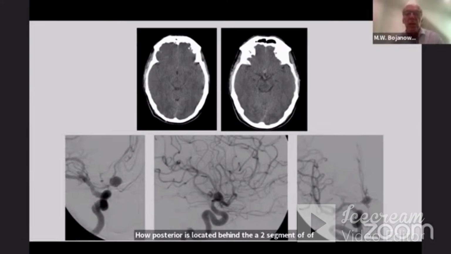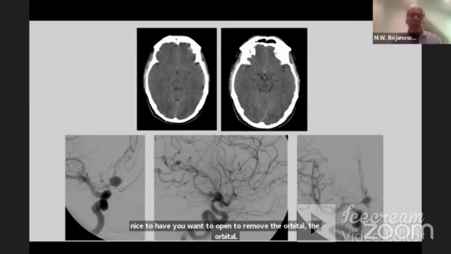So this is usually considered a difficult aneurysm because of the perforators, and it's hidden on the dorsal aspect of the complex. This is a case where sometimes it's nice to remove the orbital rim, so you can angle the microscope if necessary.